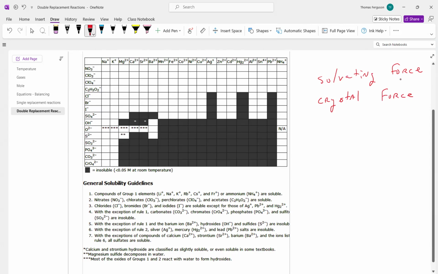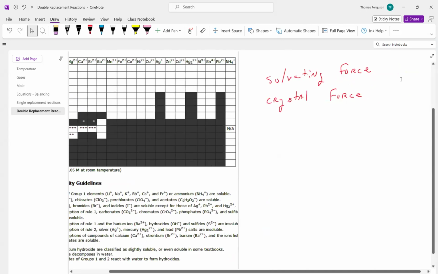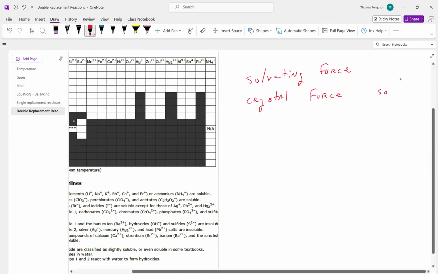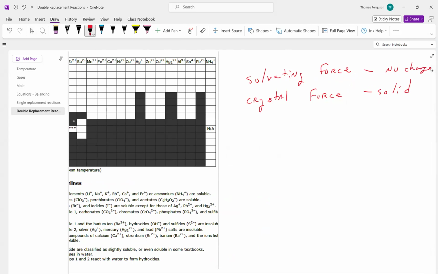If the crystal lattice force is stronger, you get a solid. If the solvating force is greater, you have no change. In other words, the ions stay apart. They don't form a crystal. All right, so that's what's driving these rules, are these two forces.